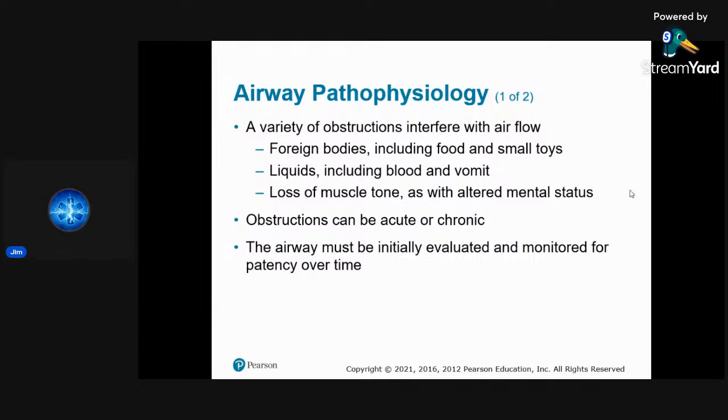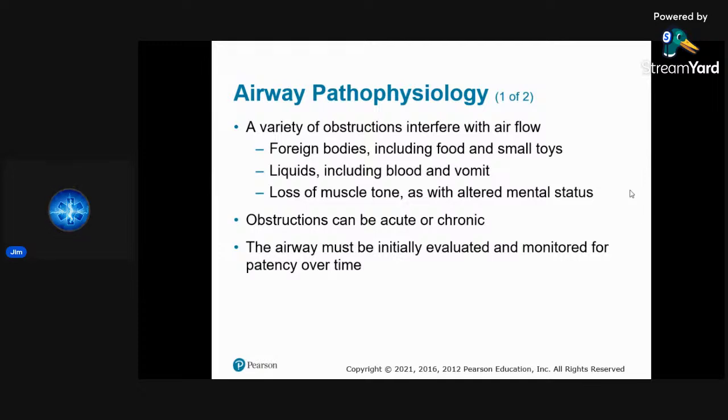If for some reason they go unresponsive due to trauma or illness or whatever, they lose muscle tone. The tongue will actually slide backwards, and the epiglottis, that leaf-like structure that opens when you breathe, is actually attached to the tongue. So when the tongue slides back, this epiglottis will actually close the glottic opening and become an obstruction.